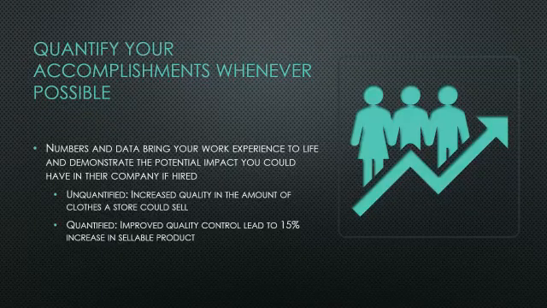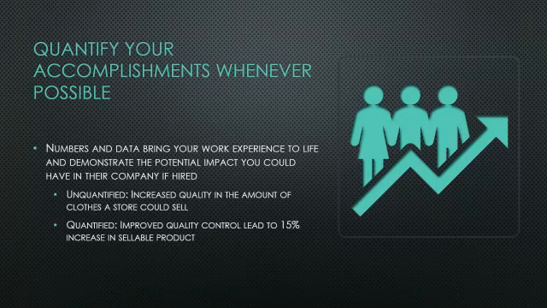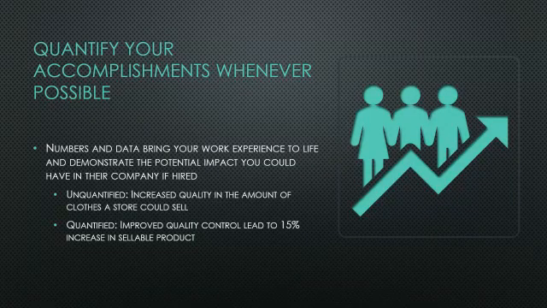The examples I gave you. So, an unquantified one: increased quality of the amount of clothes a store could sell. Okay, in a regular way, that would sound okay. But if you want to quantify it, you want to add some numbers and data to it. You improved quality control, which led to a 15% increase in sellable product.